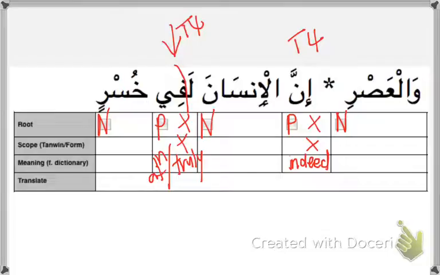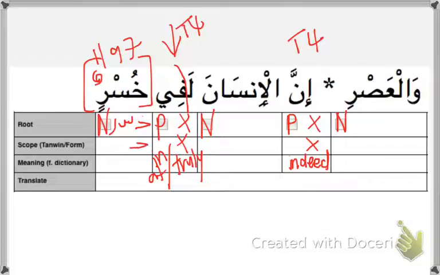Okay, so we go next to the noun. Let's go to the easiest noun here, which is khusr. As we can see, there are 3 letters, so we know that the roots here are kha, sin, and ra. And the scope would be 5 to 13. Okay, so this is 7, 9, 11. So far it is within 5 to 13, so we put a tanween at the back.